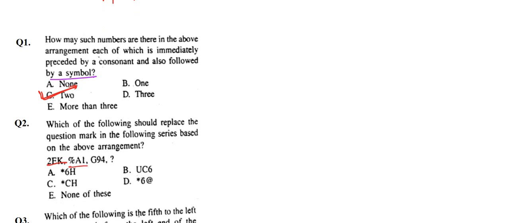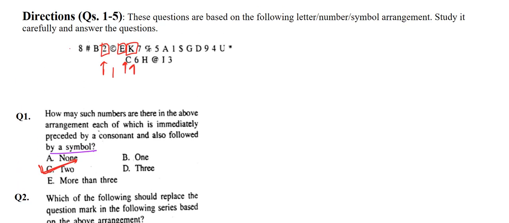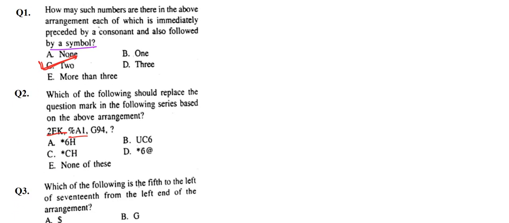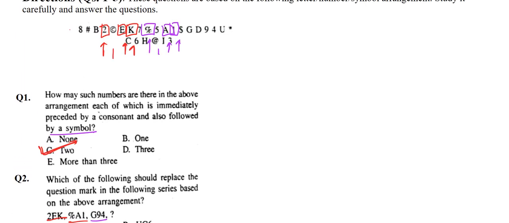We have %A1. Here we have percentage, here we have A, and here we have 1. So also first, then a gap, then second and third. Let's check the third also, G94. Here we have G, here we have 9, and here we have 4. This is the same property, where first a gap, and second and third.